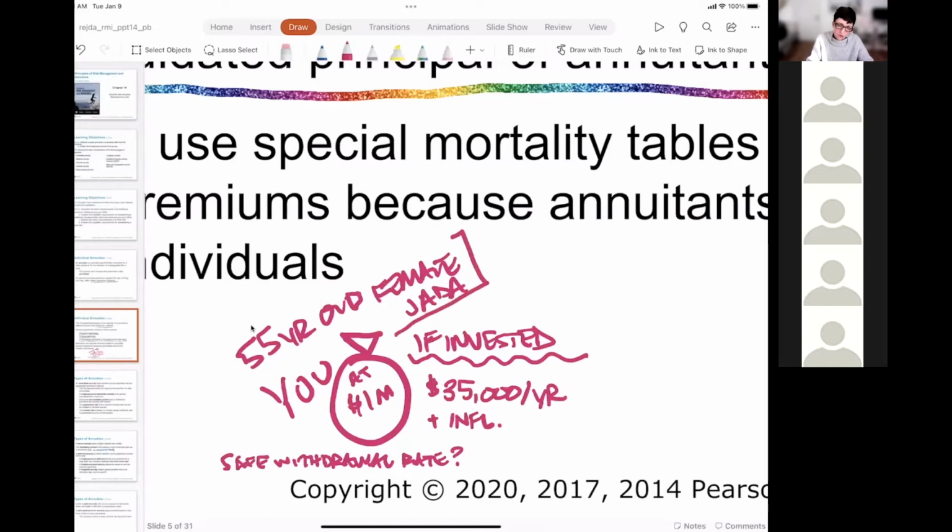Okay, so a 55-year-old female, with a portfolio of $1 million, takes out $35,000 per year, and she gets to take inflationary increases. And if she dies at age 80, there's still going to be some money left, right?